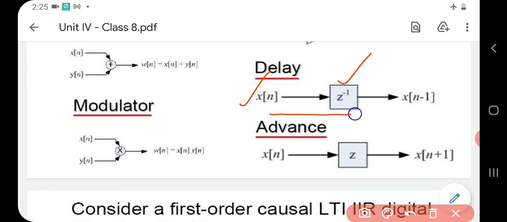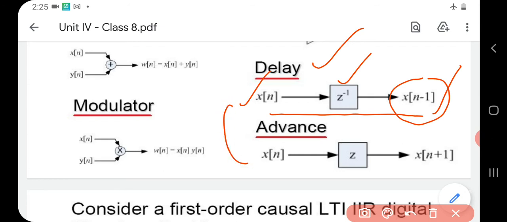When it goes through this, it becomes x of n minus 1 because it represents delay. Just the reverse, if you want to advance it by one step, you pass it through z. So it will become x of n plus 1, not n minus 1.